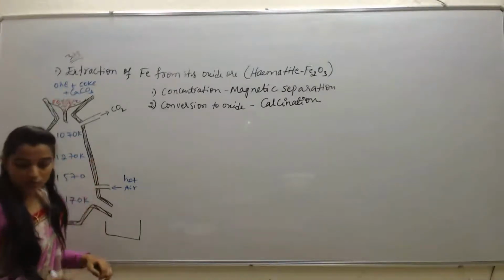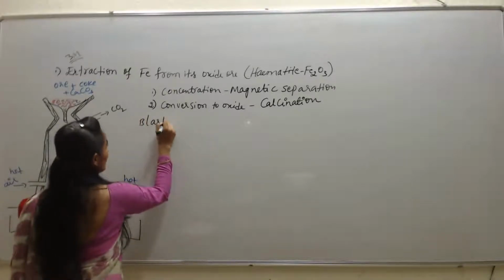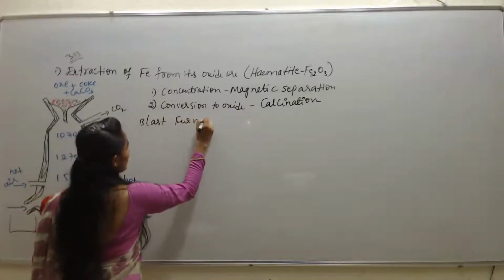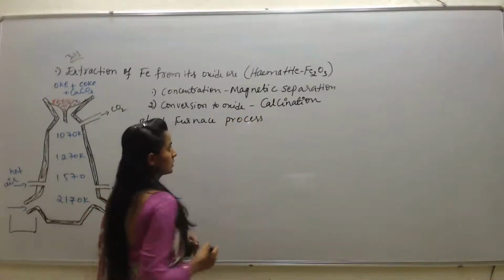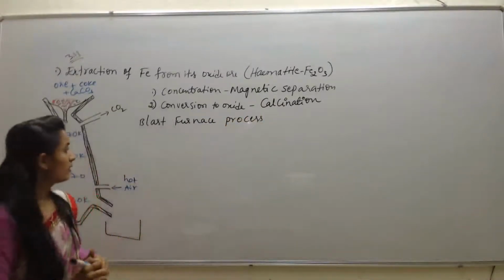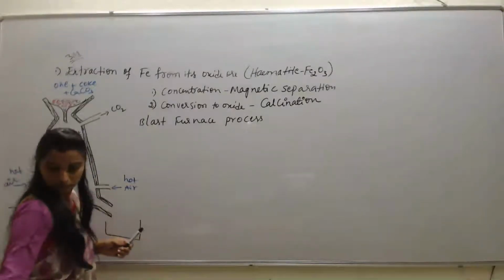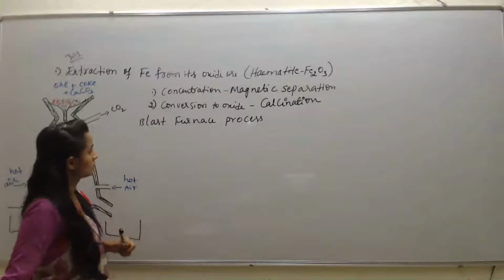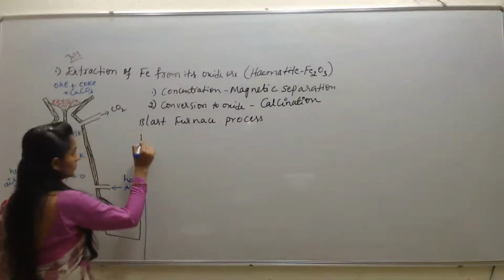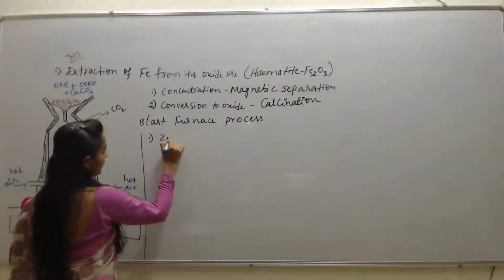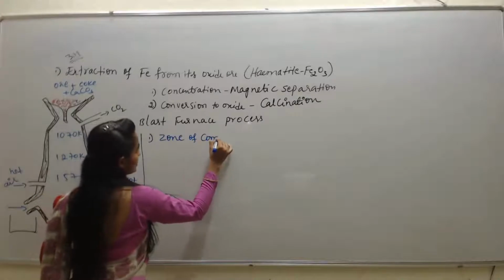Okay, so in this process, three zones are there. So here you take the blast furnace process. In that, the first one is the zone of combustion.